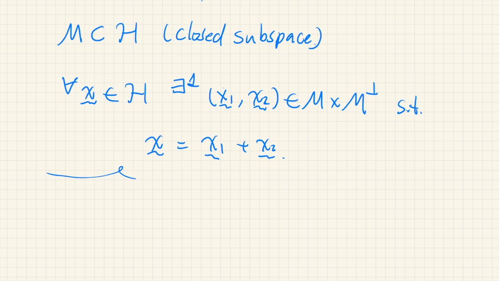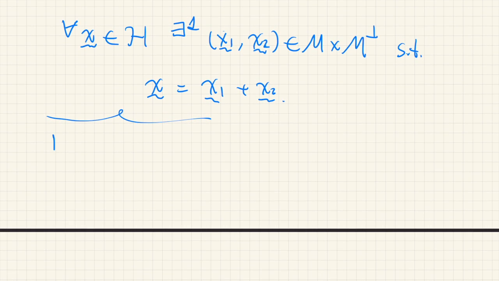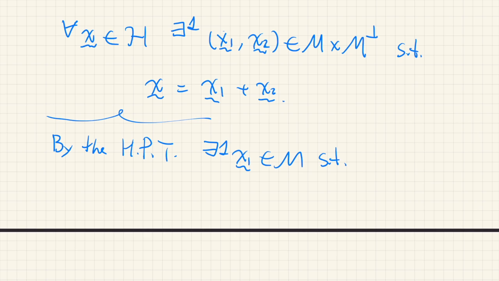So let's prove this. First of all, by the Hilbert Projection Theorem, there exists a unique x1 in M such that the distance between x and M is equal to the distance between x and x1.